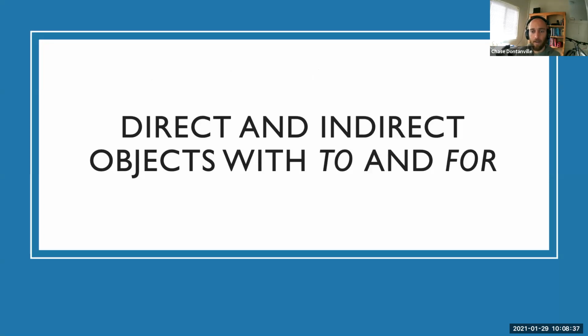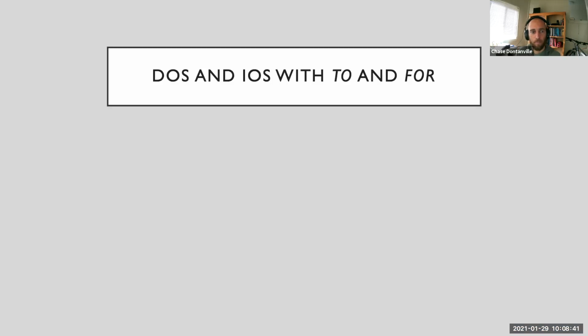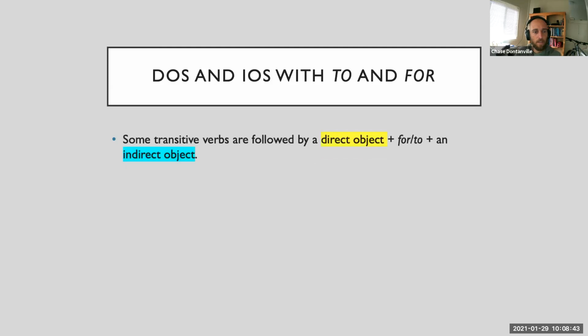Okay, so we saw intransitive and transitive verbs. Let's look at direct and indirect objects with to and for. Some transitive verbs are followed by a direct object plus for or to plus an indirect object. Okay, so for example, she showed the article to her friend. So show is the transitive verb.